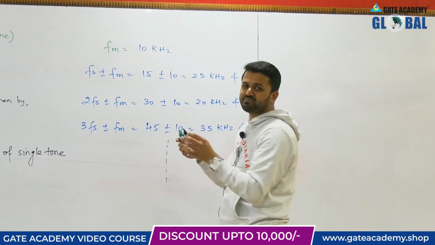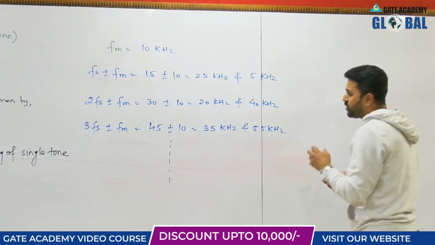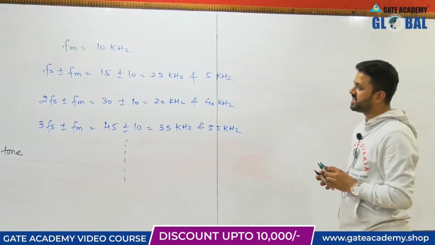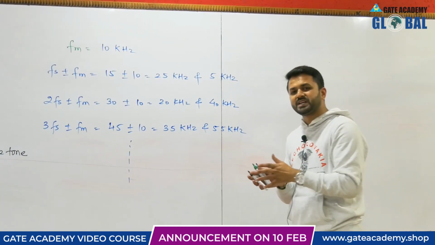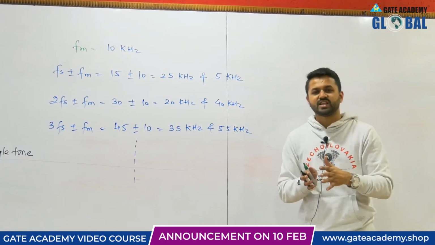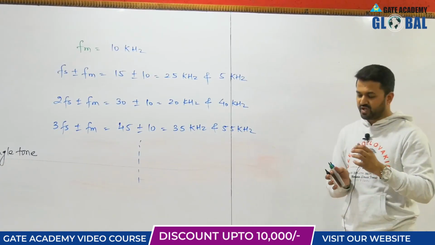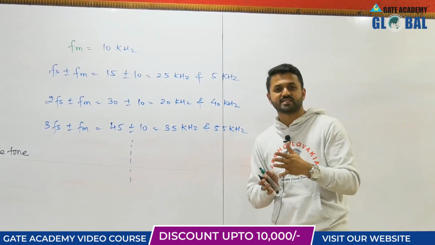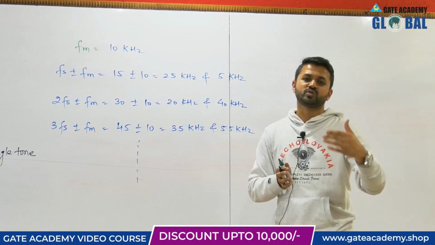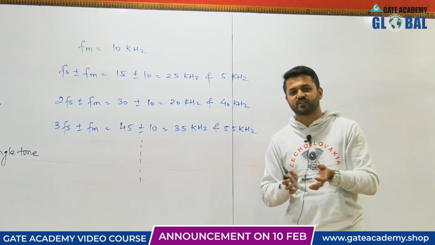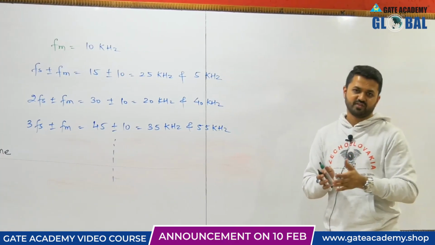This signal is passed through a low pass filter having a cutoff frequency of 25 kHz. So this low pass filter will pass all the frequency components which are less than or equal to the cutoff frequency. A low pass filter passes the frequency from 0 to the cutoff frequency, and above the cutoff frequency it will reject the frequency.